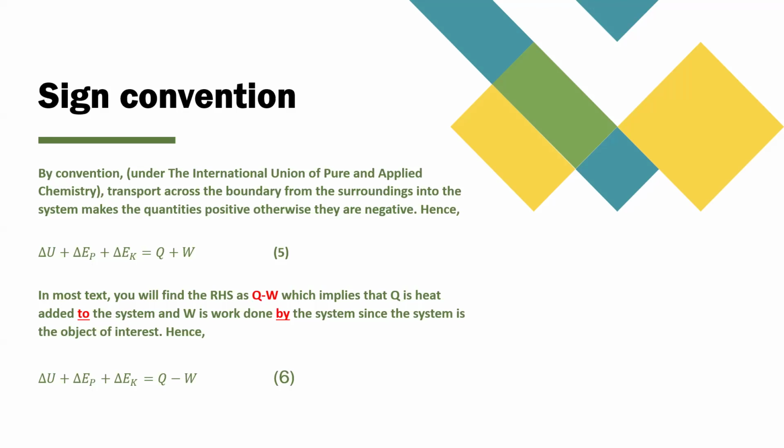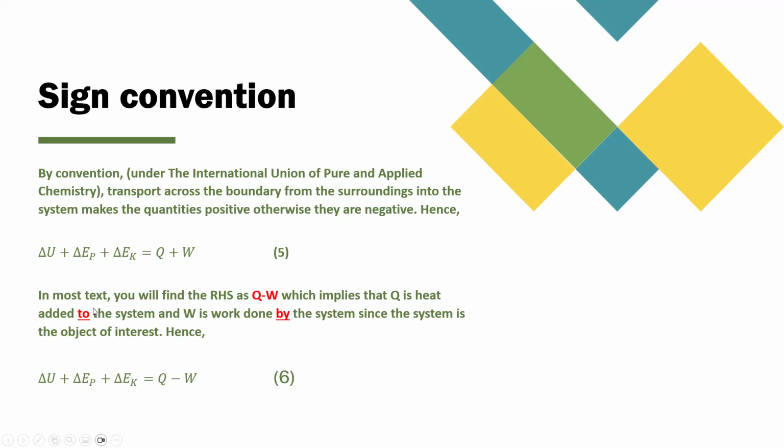Now the sign convention. By convention, under the International Union of Pure and Applied Chemistry, transport across the boundary from the surroundings into the system makes the quantities positive. Otherwise, they are negative.